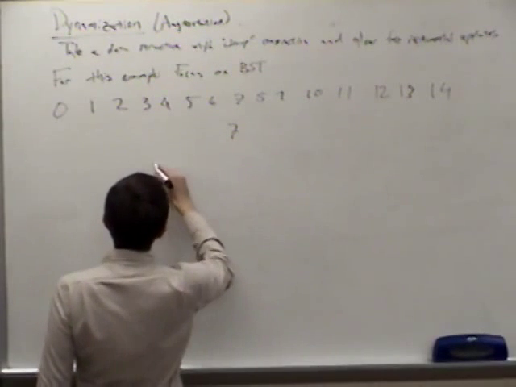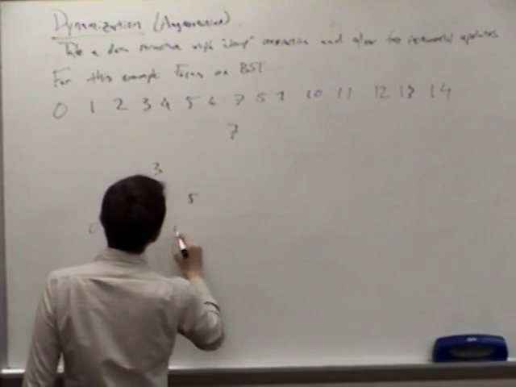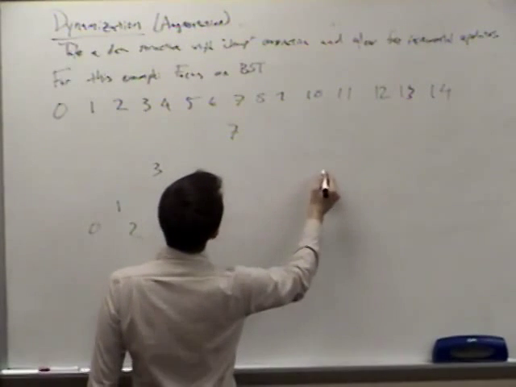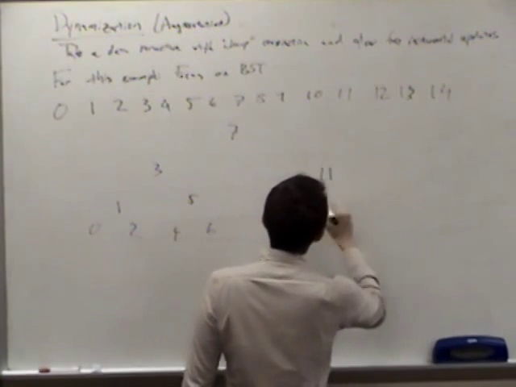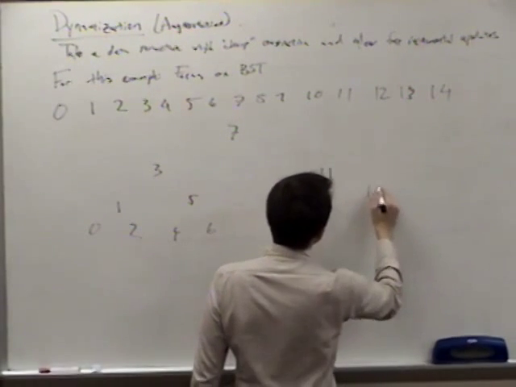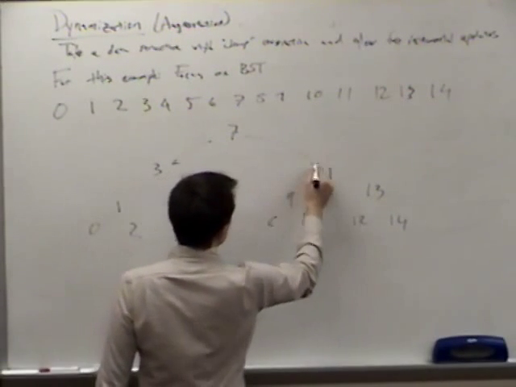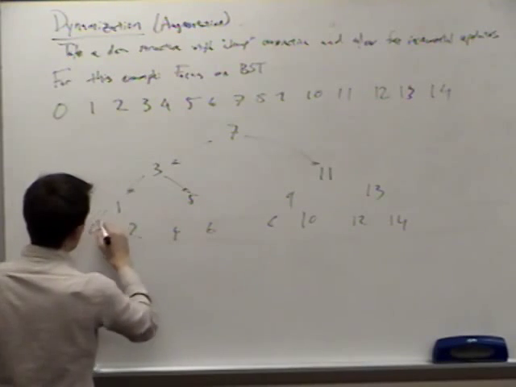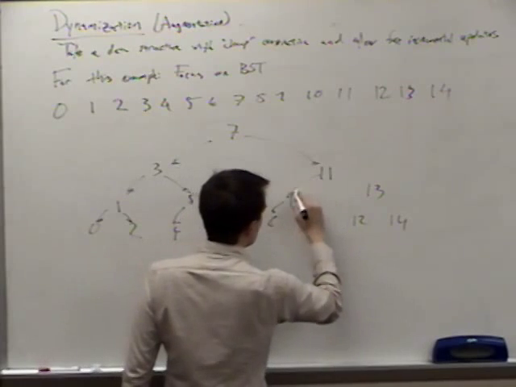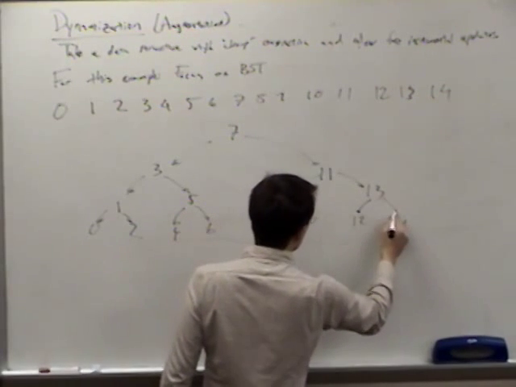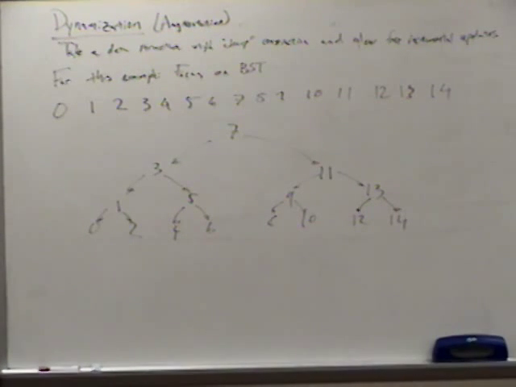So 7, 3, 1, 0, 2, 5, 4, 6, I guess 11, 9, 8, 10, and then 13, 12, 14. And we'll connect these things here. Okay.